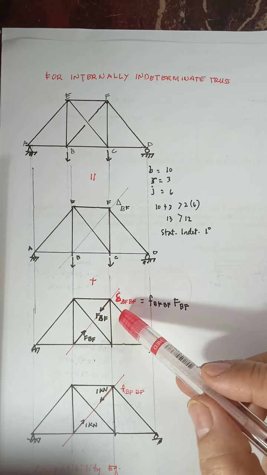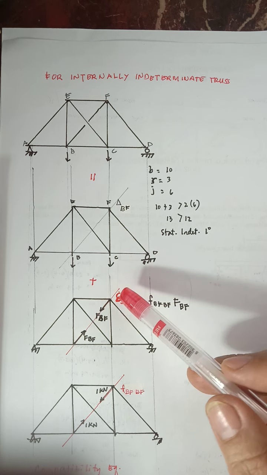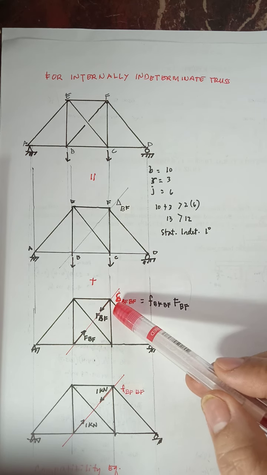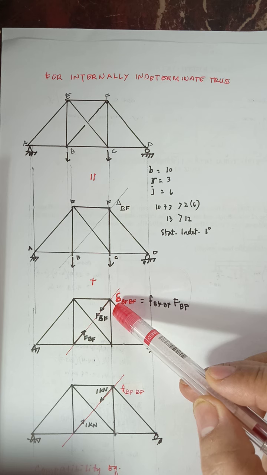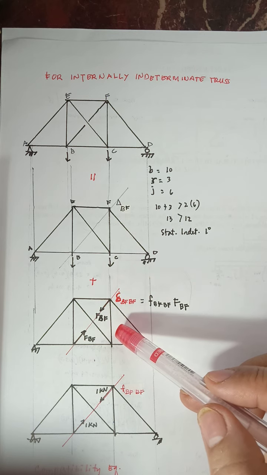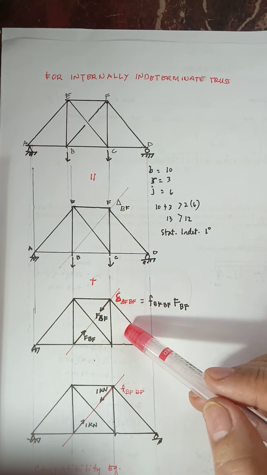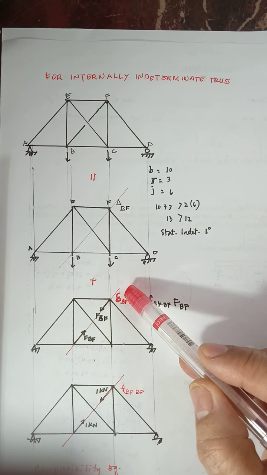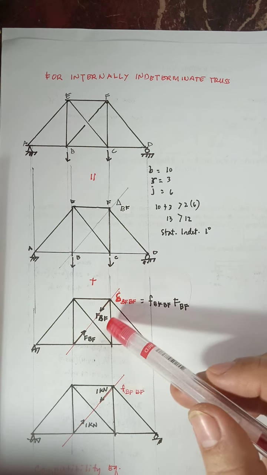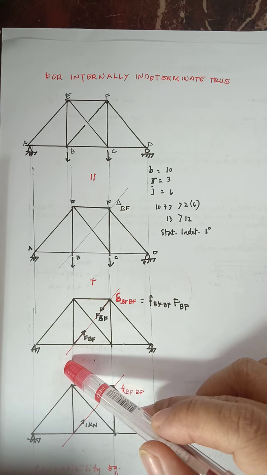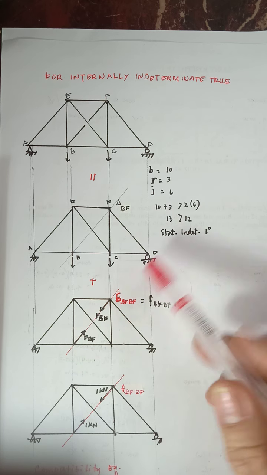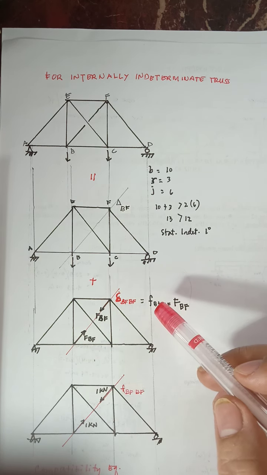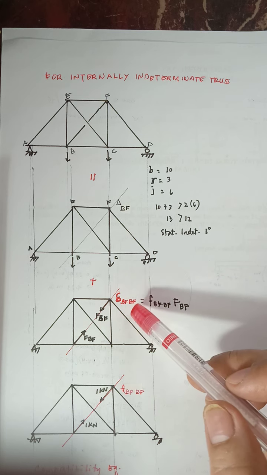This double subscript represents the relative displacement of the cut ends of member BF caused by a real unit load acting at the cut ends of the member BF. So it has a double subscript, BF BF.